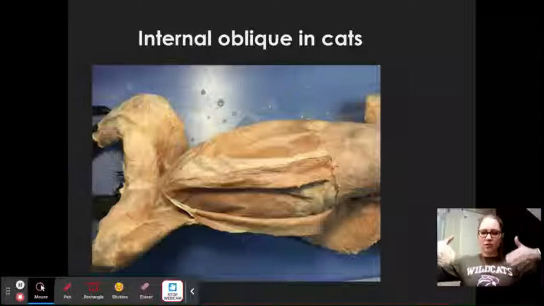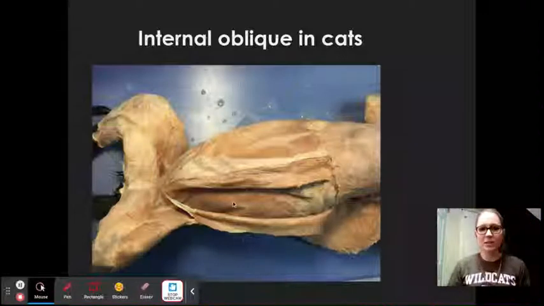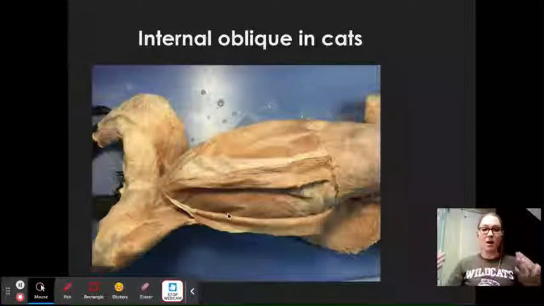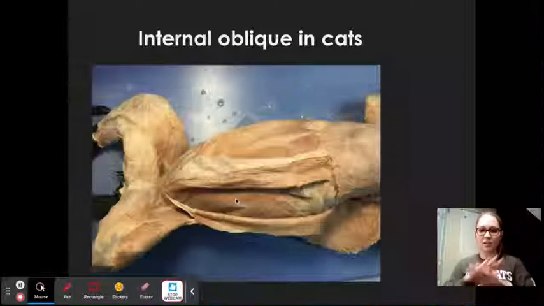We have the external obliques fibers that run more down and in. And I know it's hard to see in this picture, but here on the internal oblique, the fibers run more up in the opposite direction, kind of making a cross. And so what you guys are seeing here is that we've dissected away this external oblique so that we can see the internal.